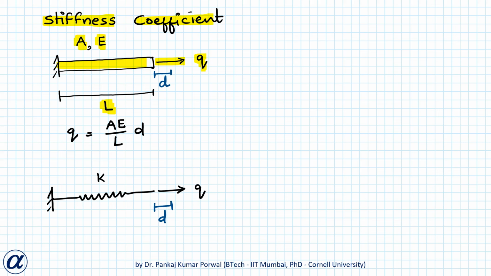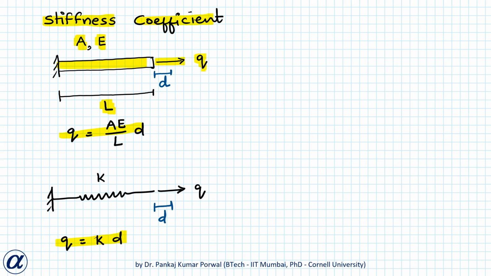Then I can write the relationship between Q and D in terms of K, and that relationship will be Q equals KD. Now note that the two equations, that is the relationship between force and displacement for our bar or member and the spring, look identical except the coefficients.